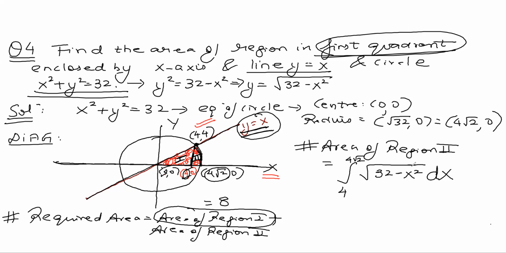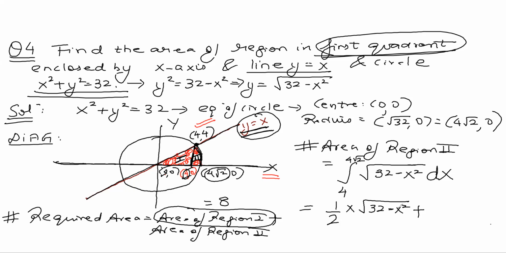So now if I integrate it, all of you know the integral of under root a square minus x square. So this is half x into under root a square minus x square plus, then what does it become? So guys, if you look at the integral formula, I'm writing it on the top for reference also.